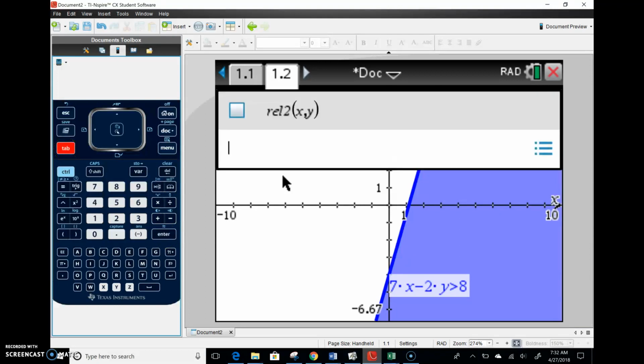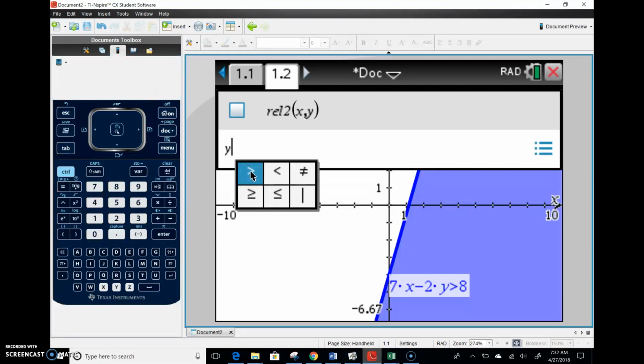So now we just have to type in what we think is correct, which I don't know, so I'm going to type in all of them.